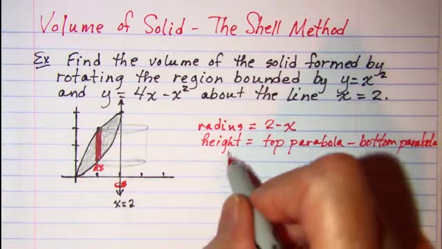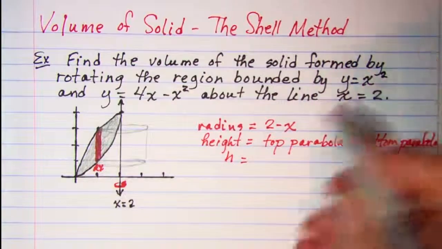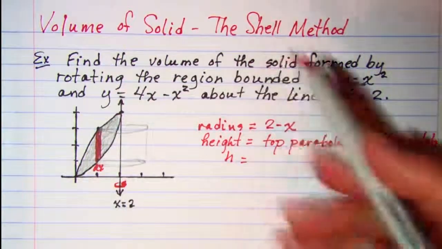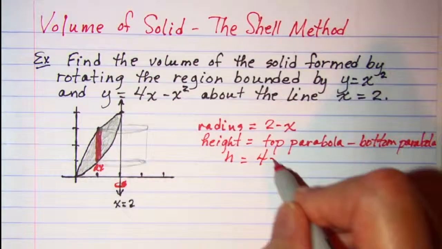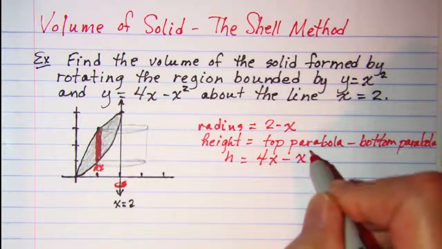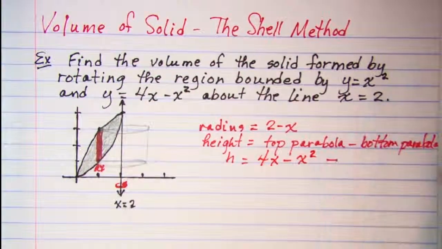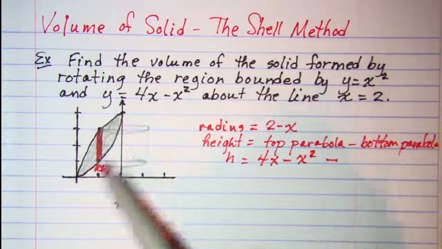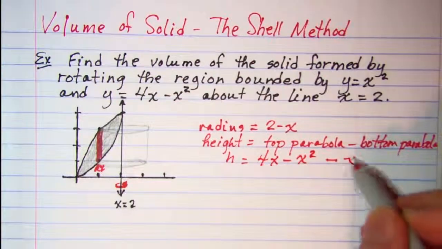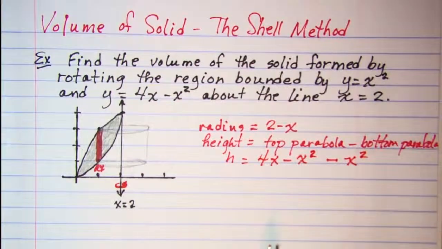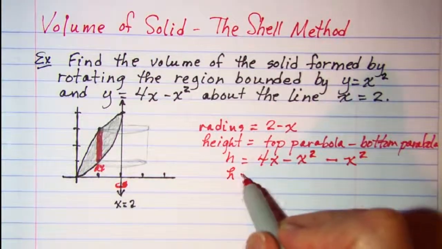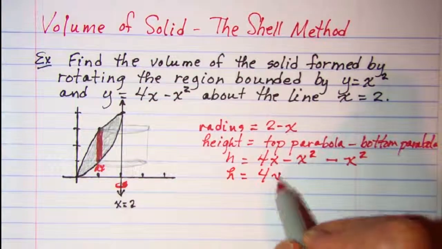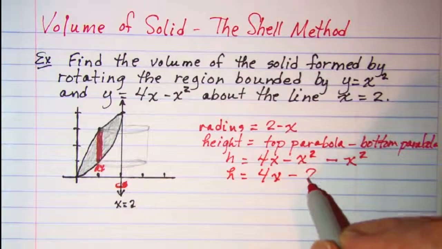So my height is, my top parabola is the 4x minus x squared. And then I'm going to subtract the bottom parabola, which is the x squared. So this simplifies to 4x subtract 2x squared.